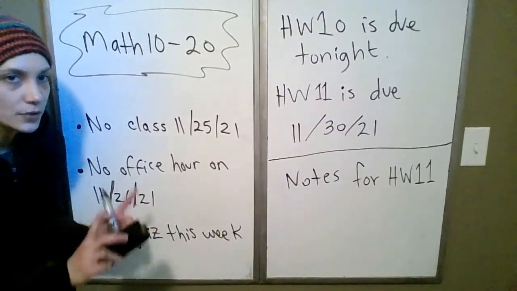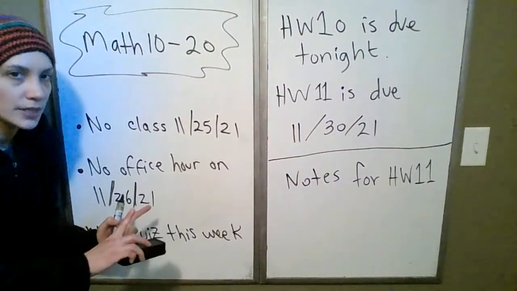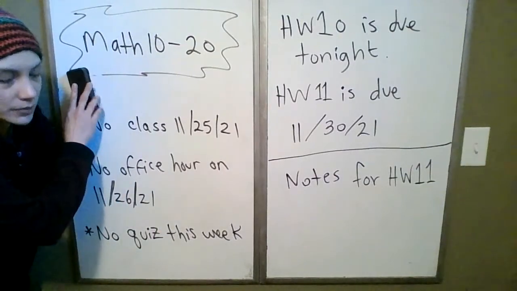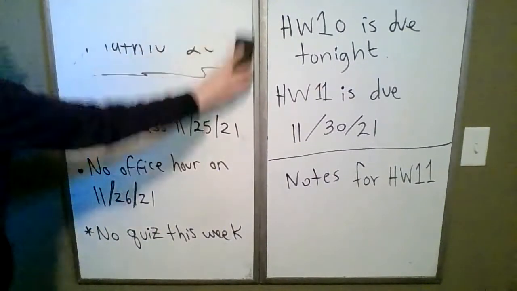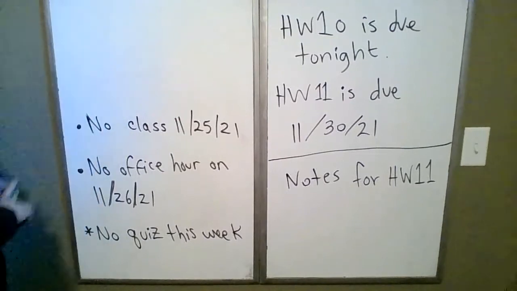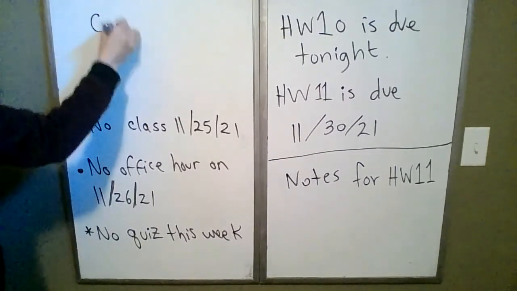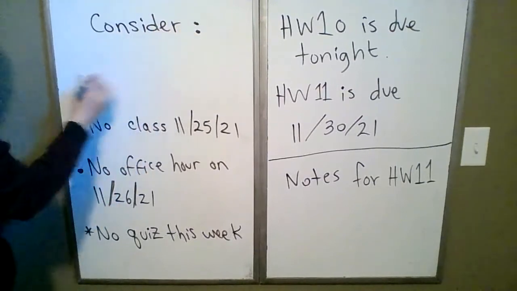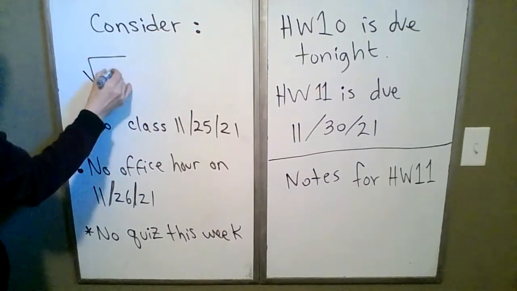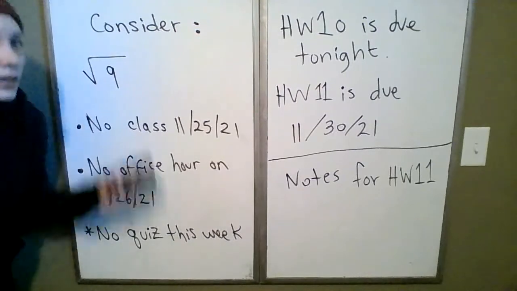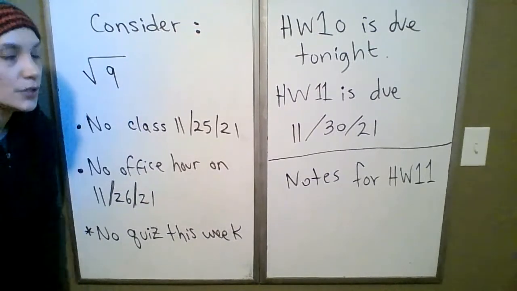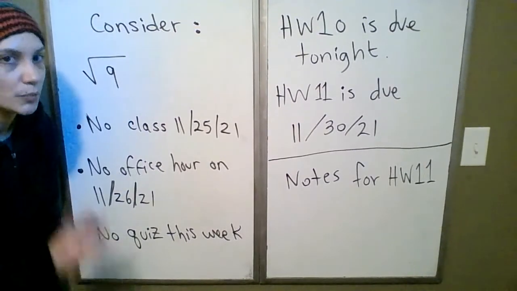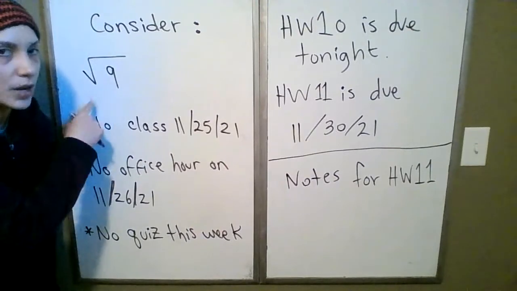Okay, so I want to talk about 2 different ideas. There's one that we've already seen, where you take the square root of a number. This is square root of a number. You simplify that to a positive, and in this case, positive 3.